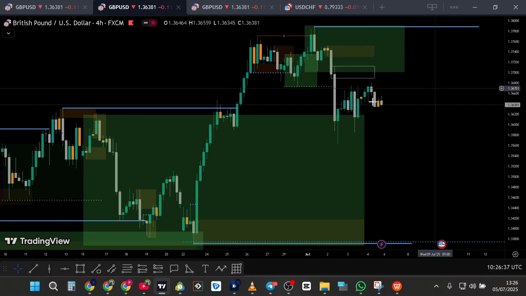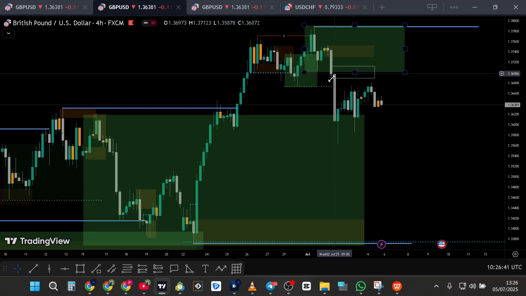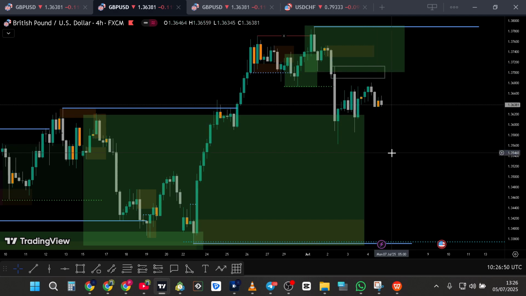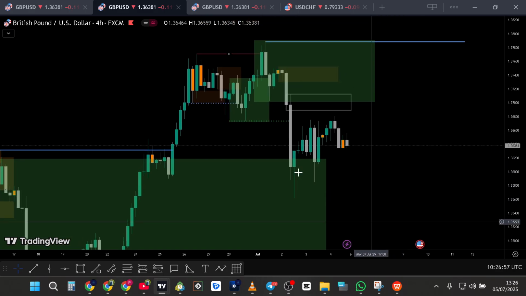Another thing also is before this change of character, we had these exchanging wicks, as you can see. So this one in the lower time frame is also some major pullbacks where maybe I'll be expecting price to also come, touch, and then continue to the downside. What else?